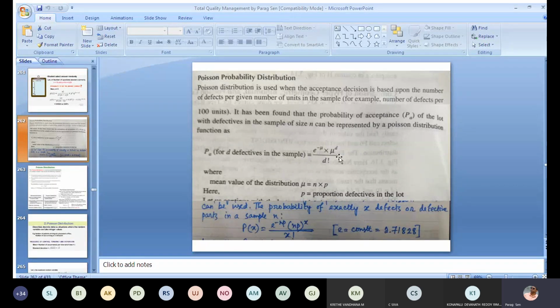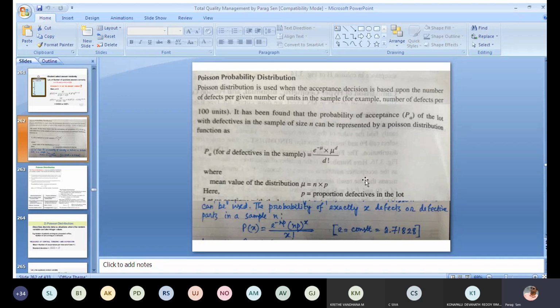One thing is your sample size n. Another thing is your acceptance number, and another thing will be your x-axis value, that means the proportion defectives in the lot.